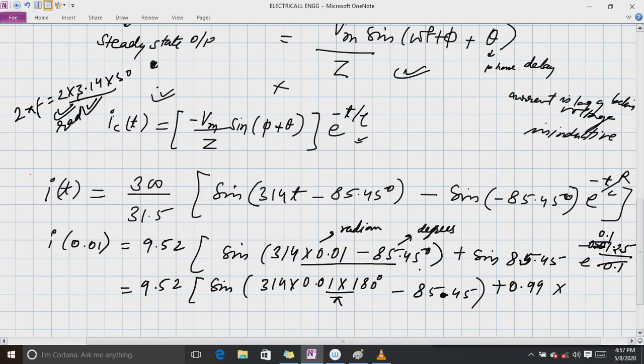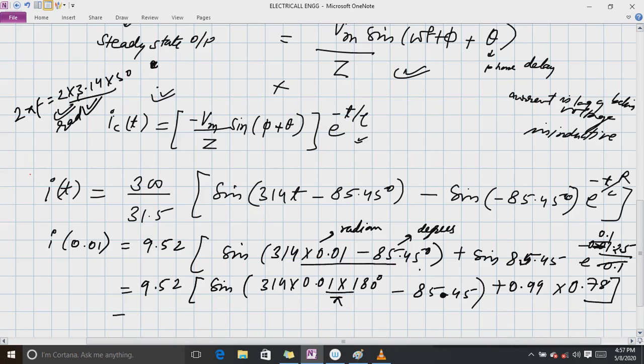You can do it from your calculator. And then the value of e raised to power minus 0.25 comes to around 0.78. Okay, this is the value.